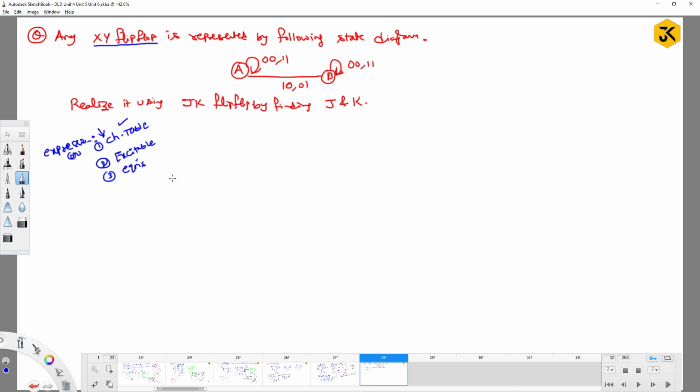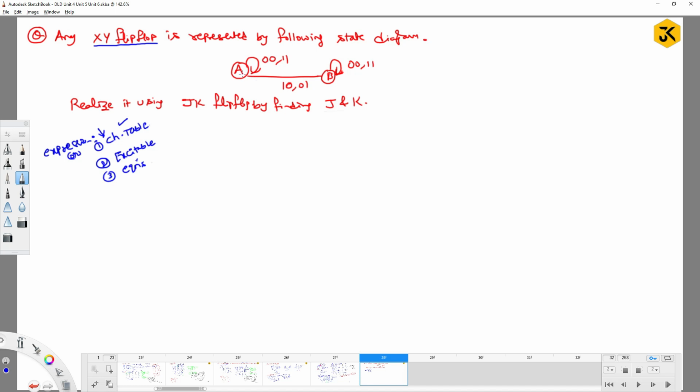Now coming to this question, they have given a state diagram. From the state diagram, can we construct the characteristic table? Yes, we can. Let's assume the present state is Qn.